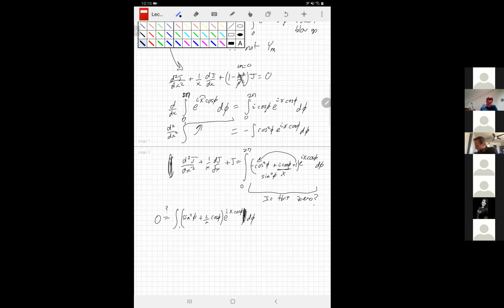I'm going to take this first part here, and I write that as minus I sine phi times I sine phi e to the I x cosine phi d phi.